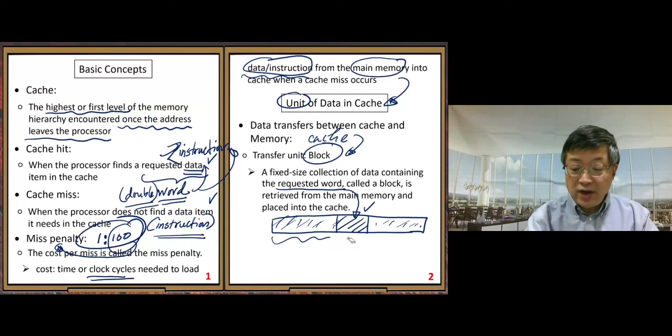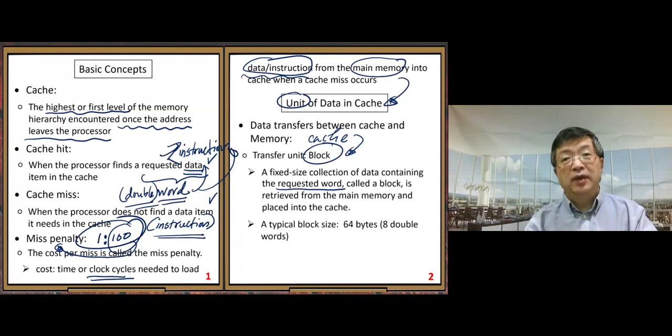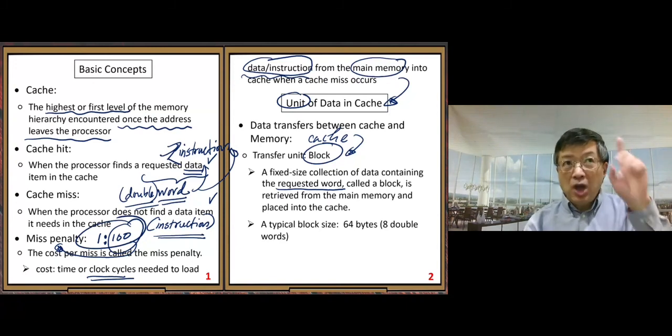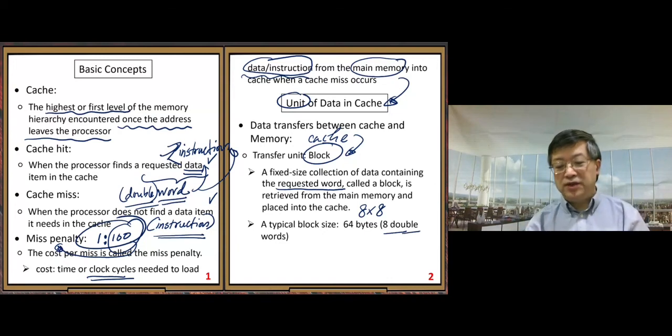Then let's look at the question. We need to answer the block size question here. A typical block size is 8 double words. We know each double word is 8 bytes, so 8 times 8, 64 bytes.